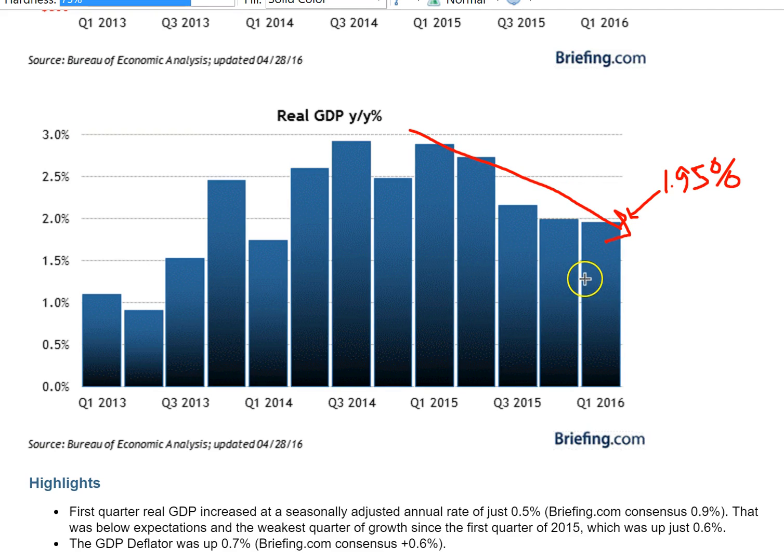Now hopefully this picks back up, but this is kind of indicative of worldwide growth. Worldwide growth has been very, very slow, and it may be surprising, this amount of growth is actually quite large when compared to Western Europe and Japan. So you can see this was a relatively weak quarter in GDP growth.